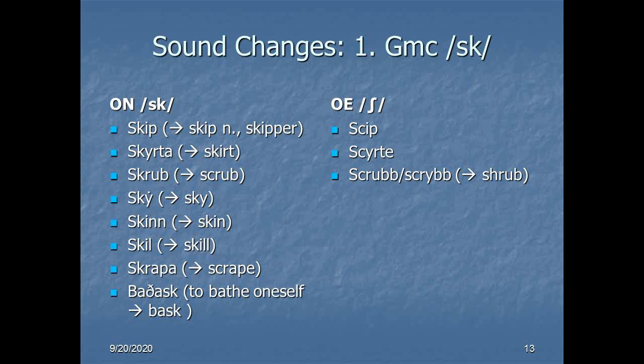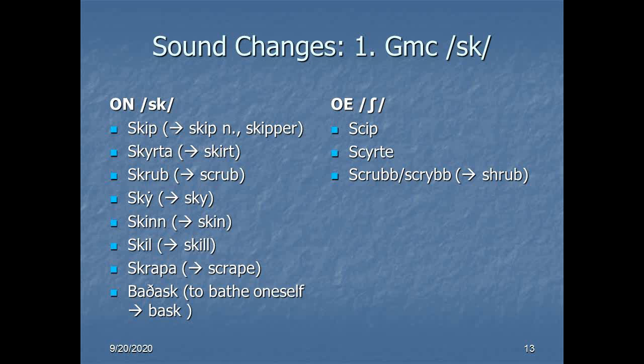Similarly, the Old Norse word scrub and the English word shrub have a common root in Proto-Germanic, and once again, it's the Norse that preserves the more conservative pronunciation. So we can speak of scrub brush, and this tends to be stuff that we encounter in the wild, in the woods, in the forest, or we can speak of the much more civilized shrub, but they're the same word.